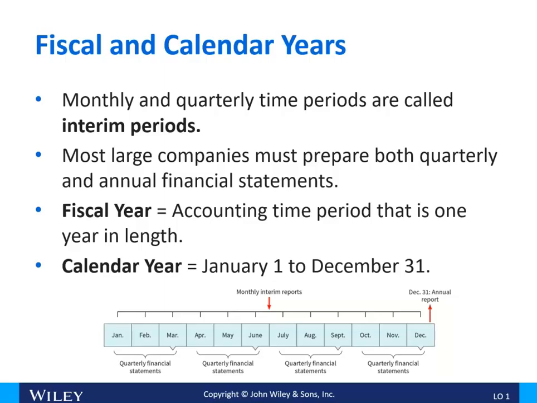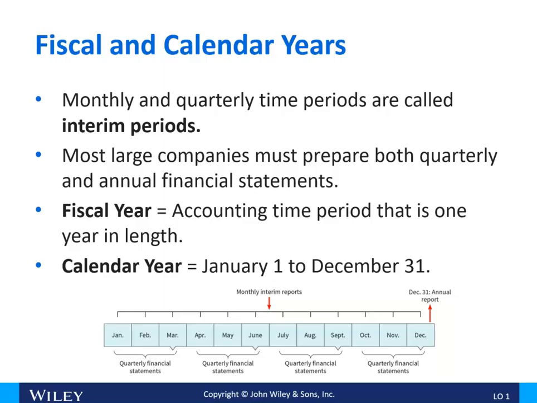Companies choose it when they start their business, when they file their first annual reports and their tax returns. So they typically match what they're doing for tax periods. You don't have to follow a calendar year. You can choose a different one. If you get into business and decide to change it, you're allowed to change it.